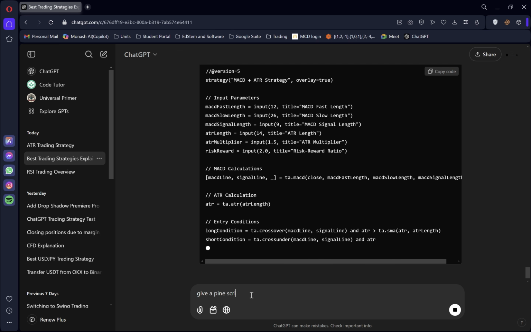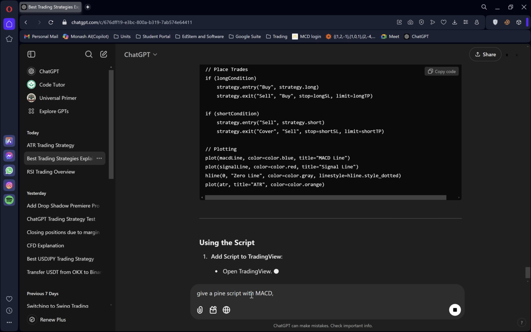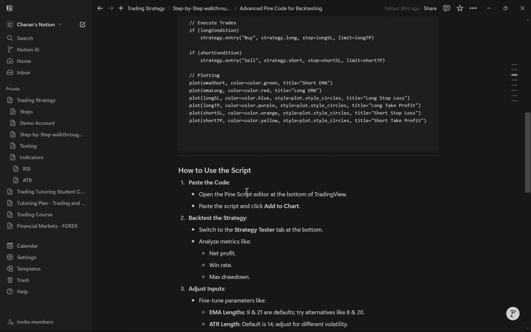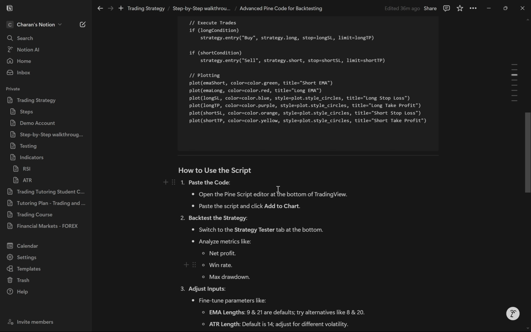Give a Pine script with MACD, ATR, RSI, Bollinger Bands, EMA. What else is there?